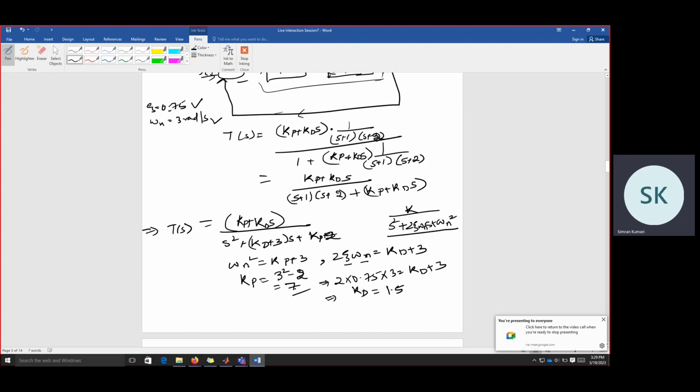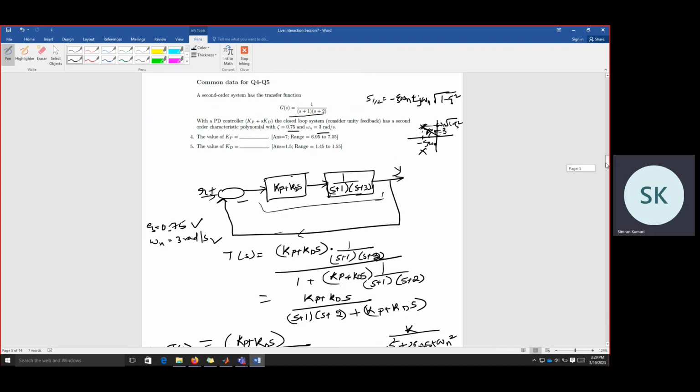Then we equated this with the standard second order characteristic polynomial. So this is similar to this way of doing that.